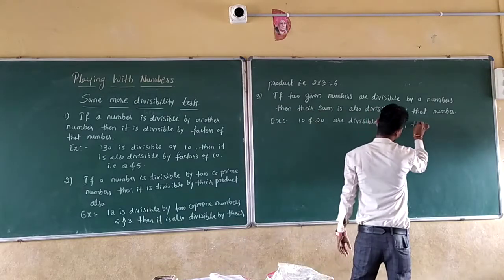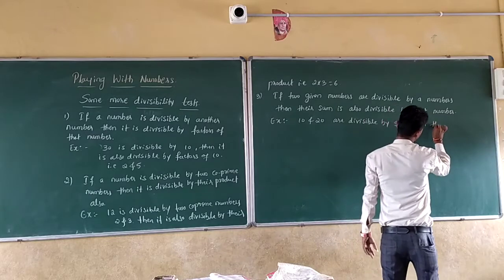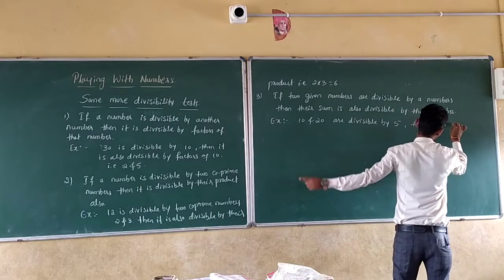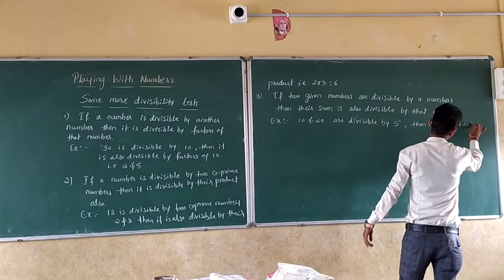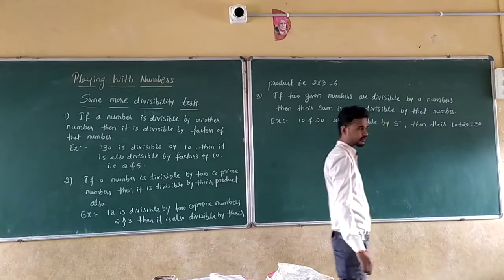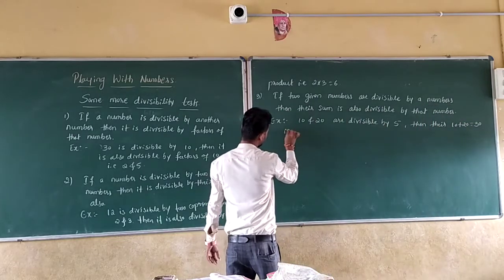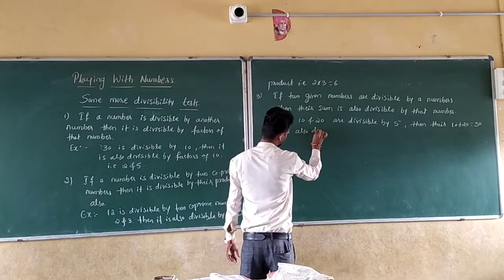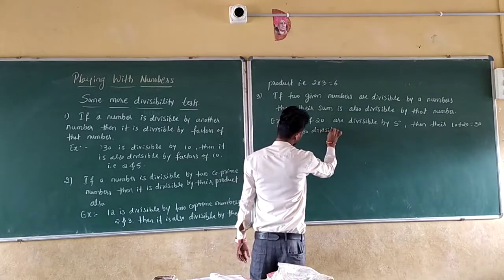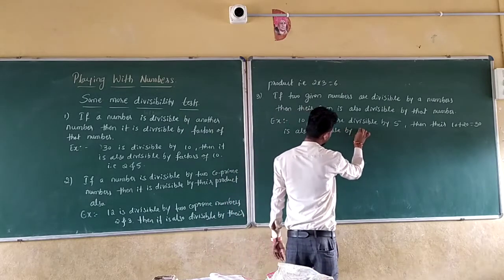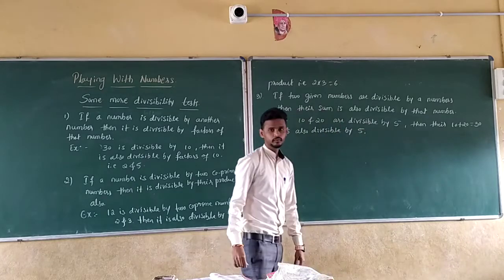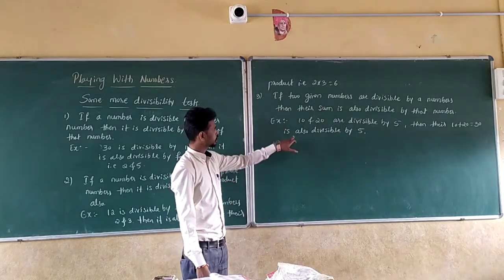Then their sum, how much? 10 plus 20, you will get 30. Their sum 30 is also divisible by 5. So this is the third test.